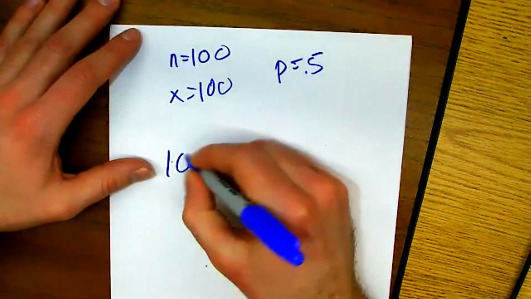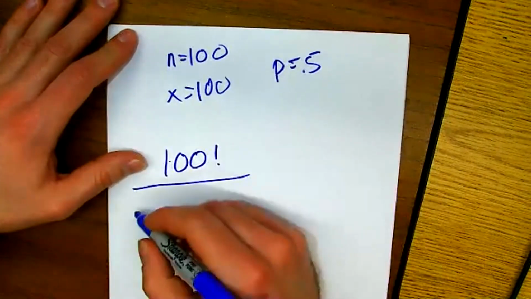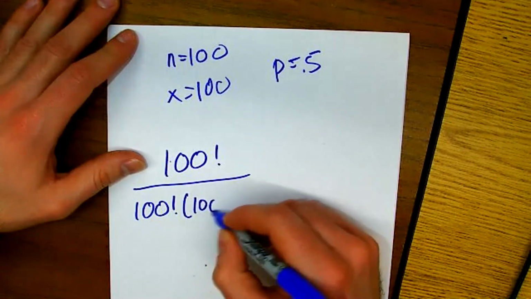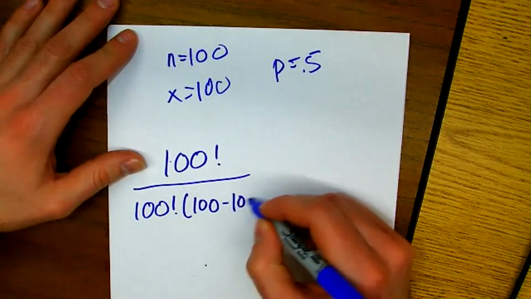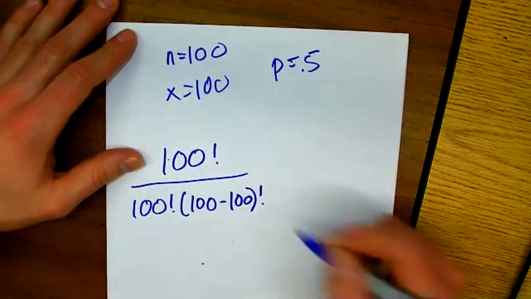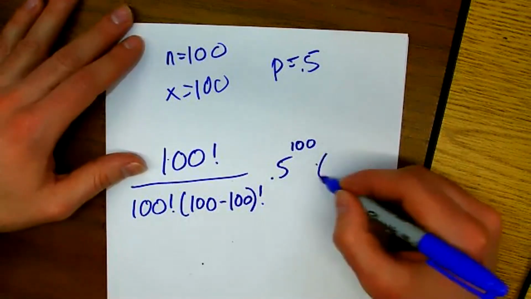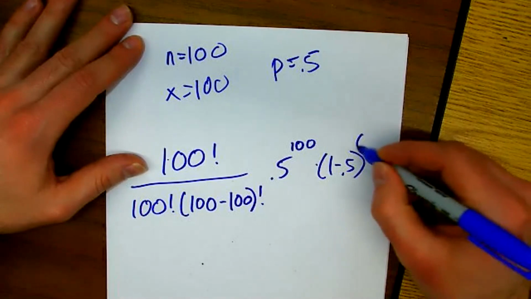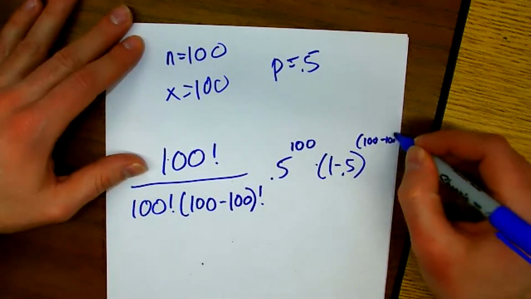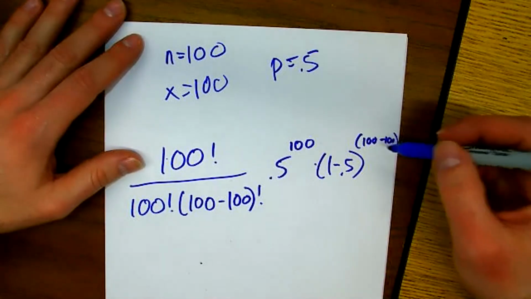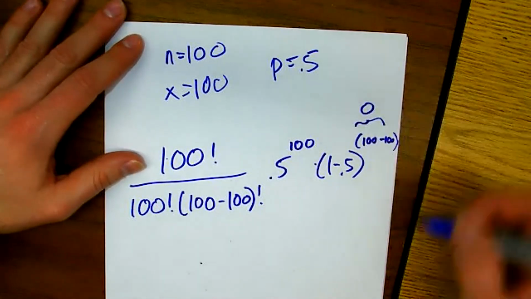So if I write out that equation, 100 factorial divided by 100 factorial times 100 minus 100, right? And minus x factorial, p to the x times 1 minus p to the n minus x. Well, 100 minus 100 is just 0.